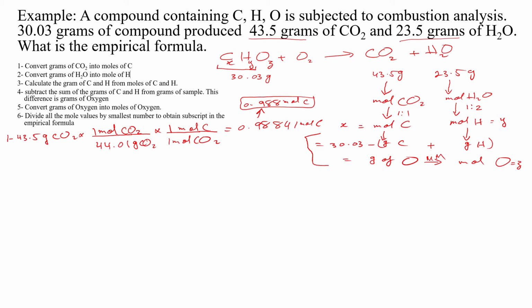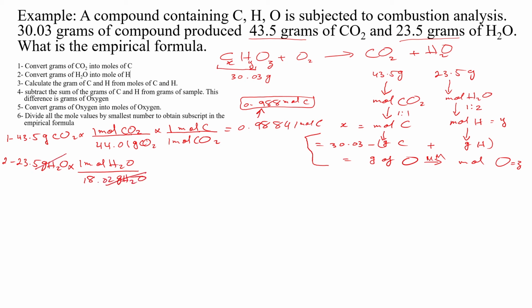Next step, we are going to convert grams of water, which is 23.5 grams of water, to moles of hydrogen. So first, 1 mole of water is 18.02 grams of water.